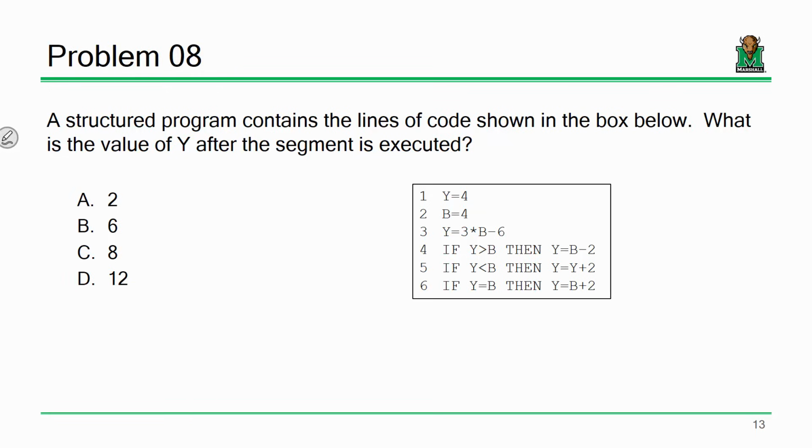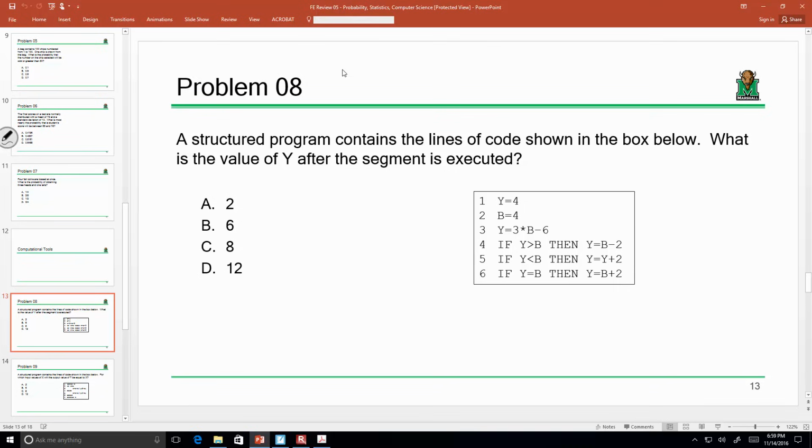Make sense? So let's follow this line by line. Let's do line 1. Line 1 says that y equals 4.